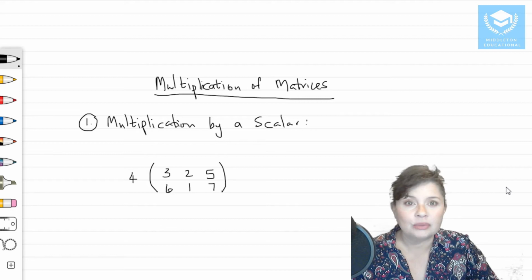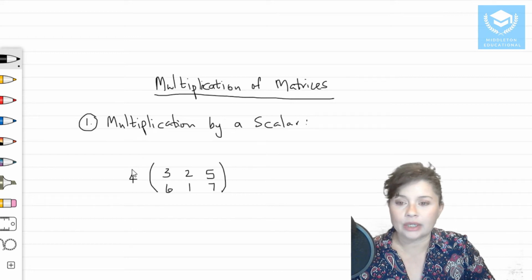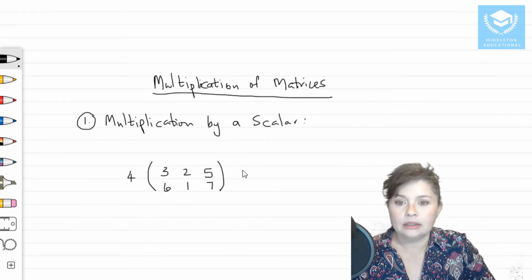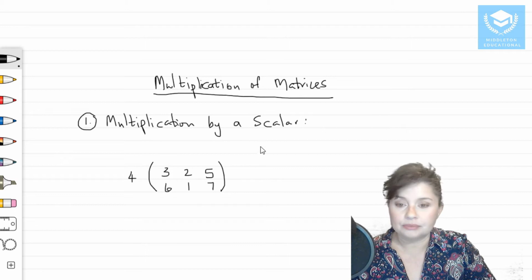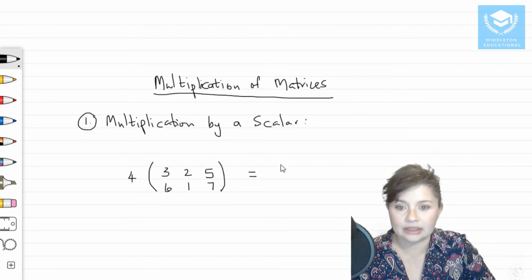Multiplication by a scalar: a scalar is just one value, one number. In this case, we have an example where you've got 4 multiplied by this 2 by 3 matrix. The way we do it is that scalar value, the 4, gets multiplied by each of the elements in the matrix.